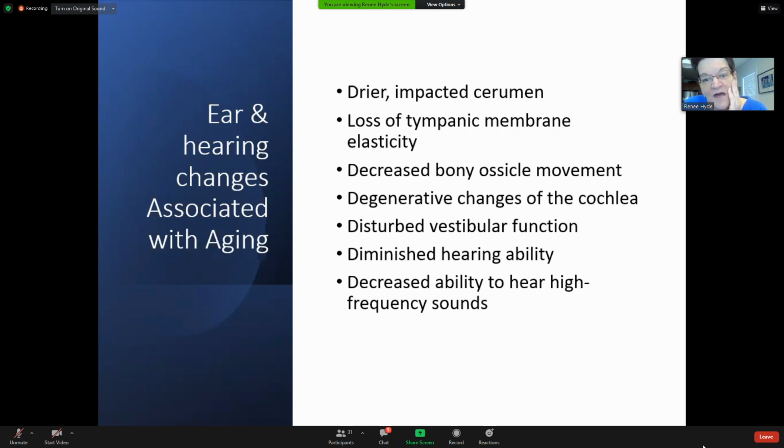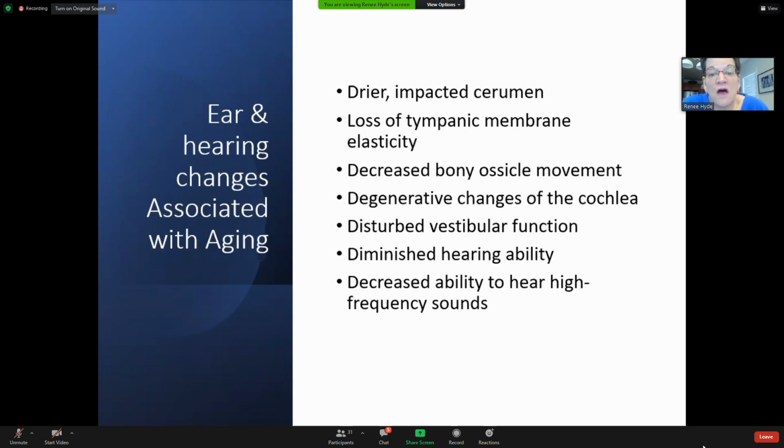So one of the things you'll see is that those folks will have different abilities to hear. Now, the other thing that you see is that they also typically lose some of the ability to distinguish some of the consonants, the t, the k, the p, the sh.